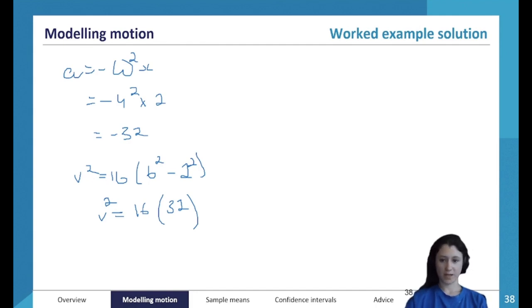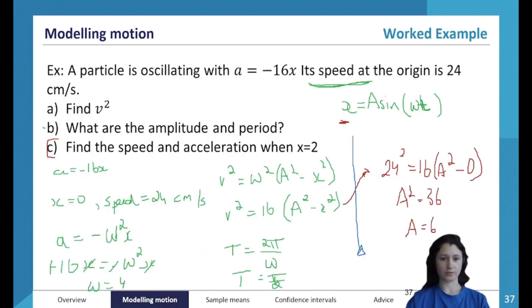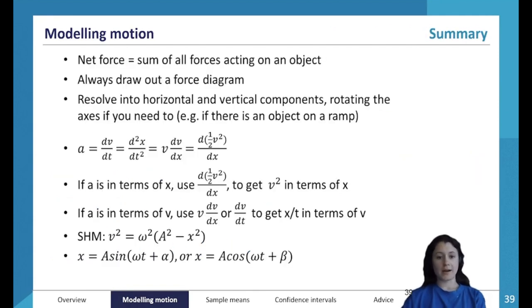This gives us an answer of velocity equals 22.63. So that should be in centimeters, sorry. So that's what it was given to us in. Centimeters per second. Alrighty.